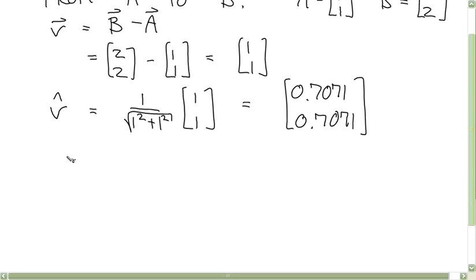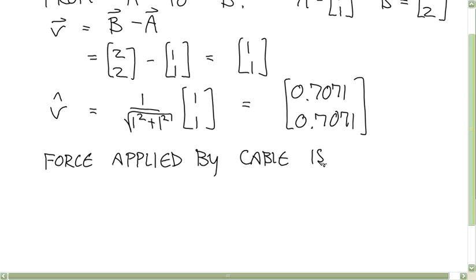And now the force applied by the cable is just the unknown cable tension, T, times that unit vector.